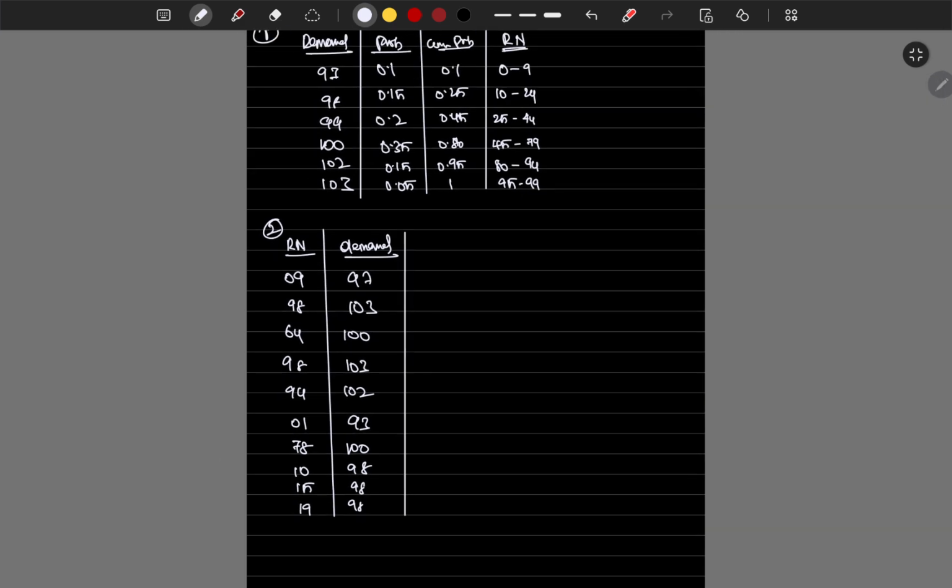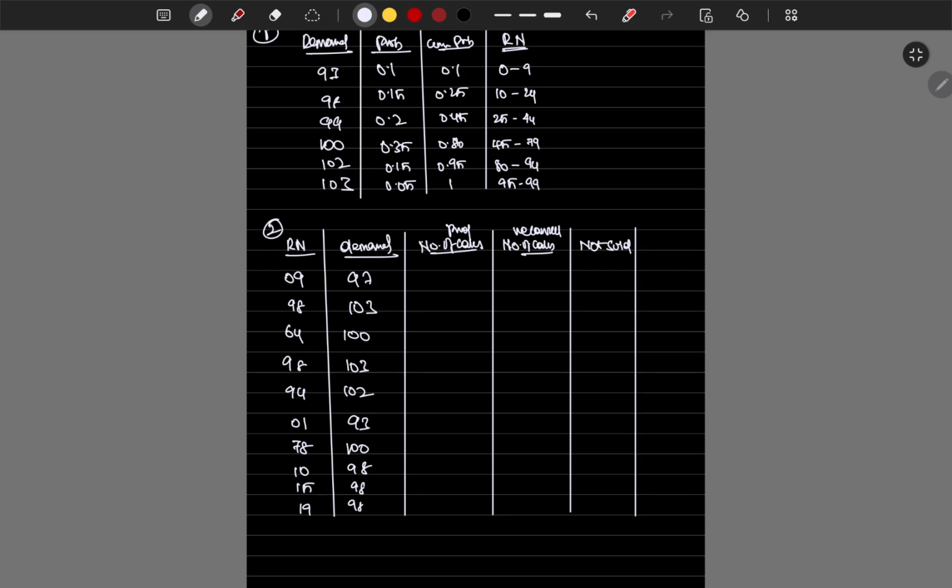Now, what's the number of cakes we are producing, the number of cakes we can sell, the unsold cakes, and the unsatisfied demand? The number of cakes we are producing is 100, all of them.